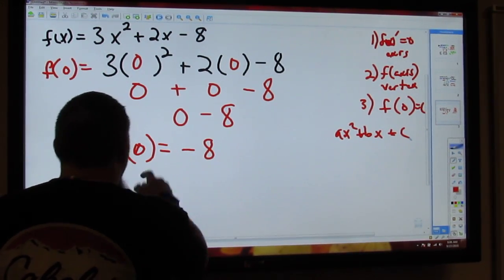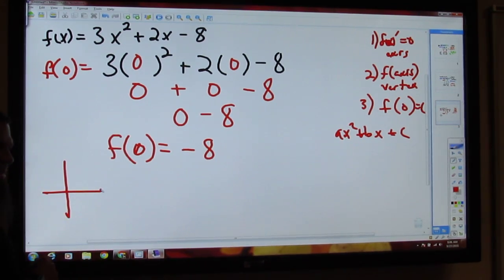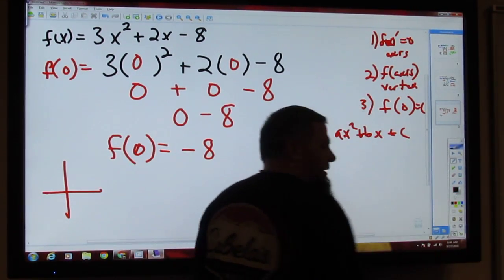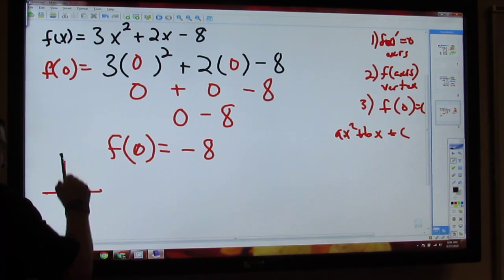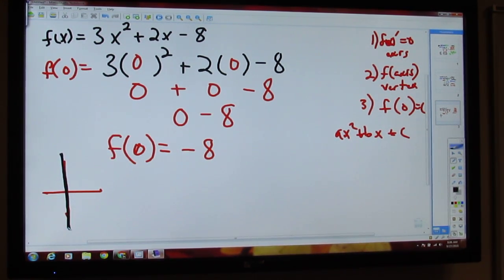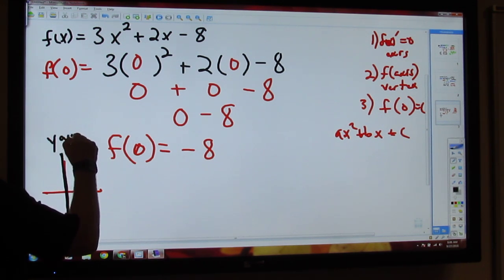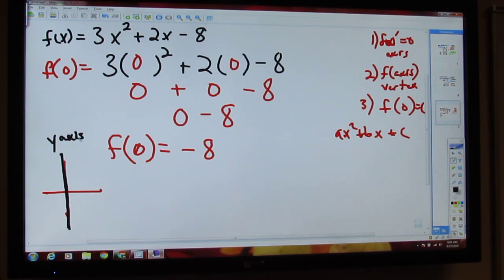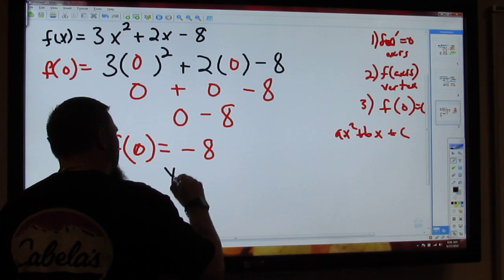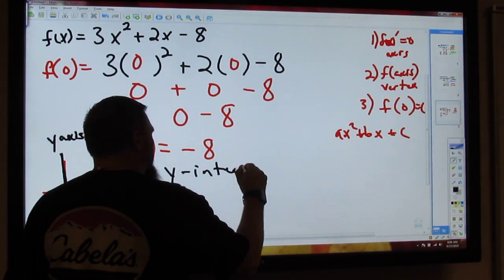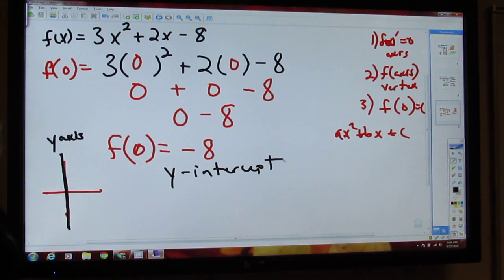If x is 0, the answer is somewhere on the y-axis. So this is your y-intercept. That's step 3. Pretty simple.